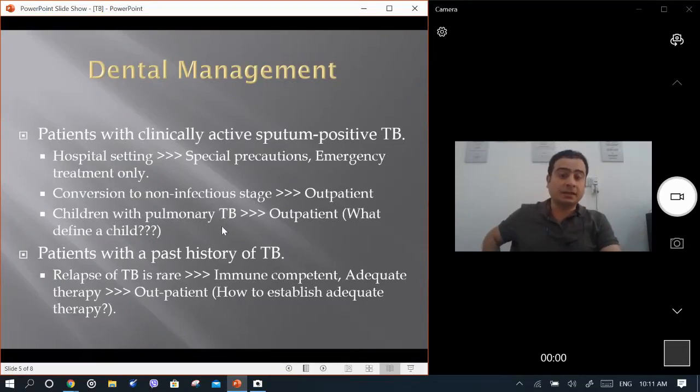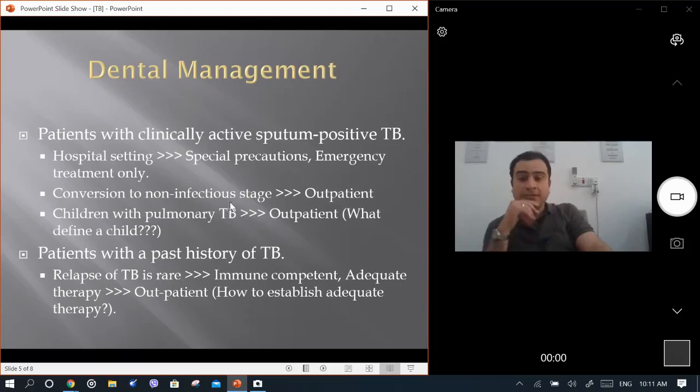But what would define a child? Because this is an area of gray. Some would consider those patients can't cough effectively, others would say no, they can. So eventually, you need a consultation from the supervising physician about children, whether they can be treated as outpatients or not.